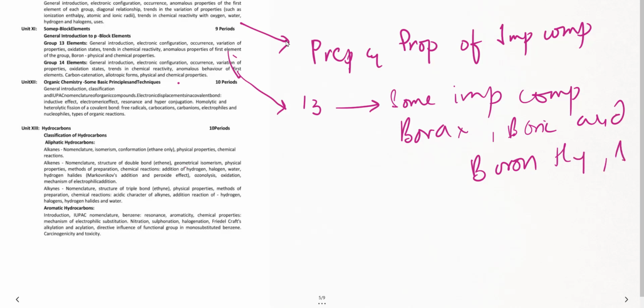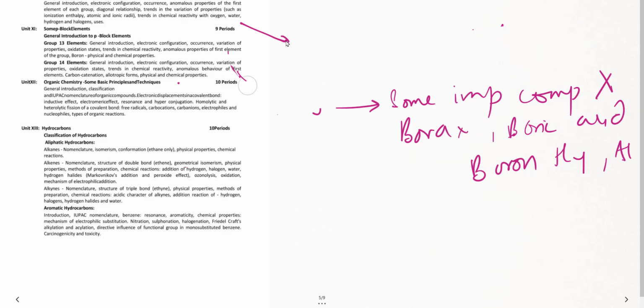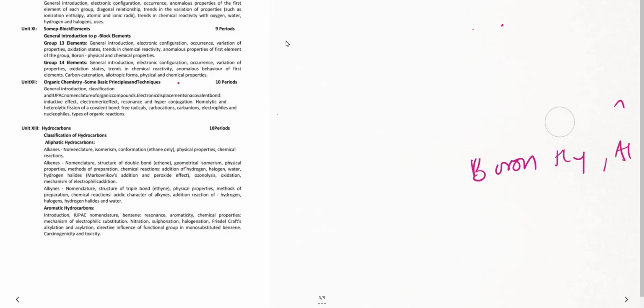Then aluminium reactions, all these are taken out. Aluminium reactions with acids and alkalis, it is not there. That is fine. Let me erase this so that I have space for the next chapter. I think you have noted it. So these are the topics which are not there.